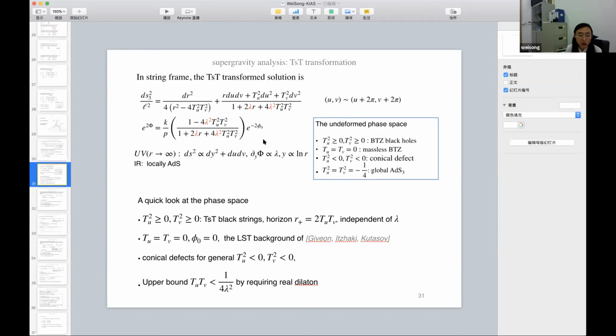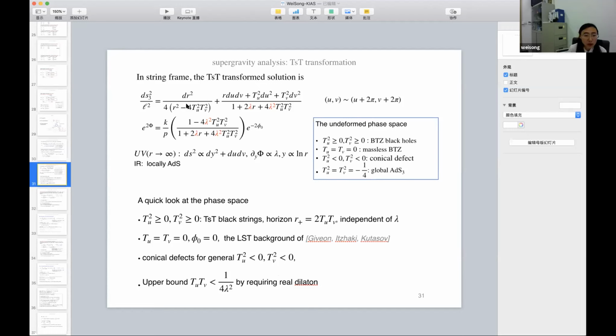We will also have these conical defect solutions, and later we'll also find a special value for Tu and Tv such that the conical defect disappears, and we once again get a smooth solution, and that one would correspond to the NS vacuum of the dual field theory.